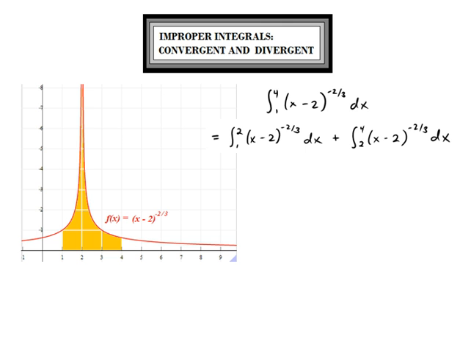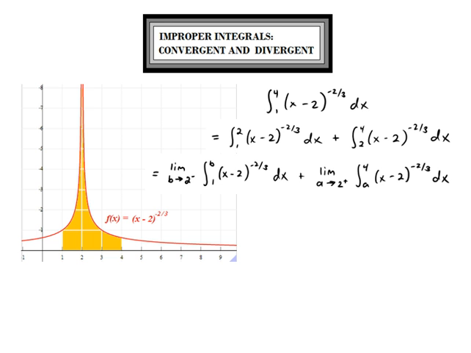The integral from 1 to 4 can be found by evaluating the integral from 1 to 2, evaluating from 2 to 4, and adding the results together. We already know the answer from 1 to 2. That was equal to 3.